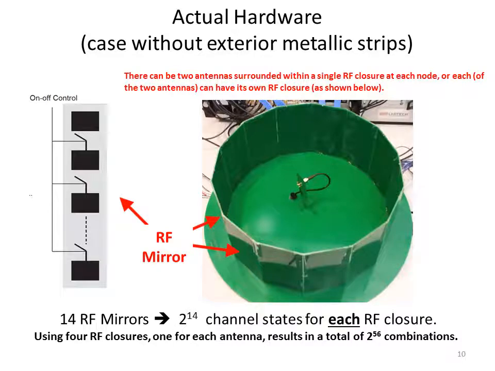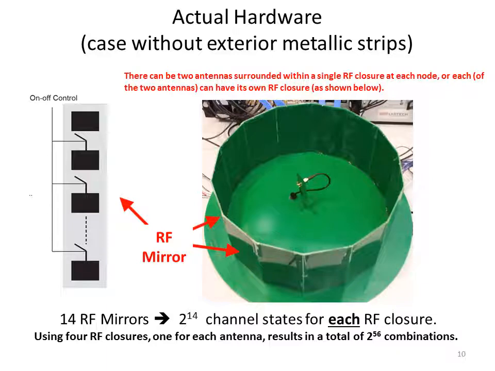So the best design for a higher level of security is, as you recall, Alice and Bob each had 2 antennas. So we will use an RF closure like this for each antenna of Alice and each antenna of Bob.